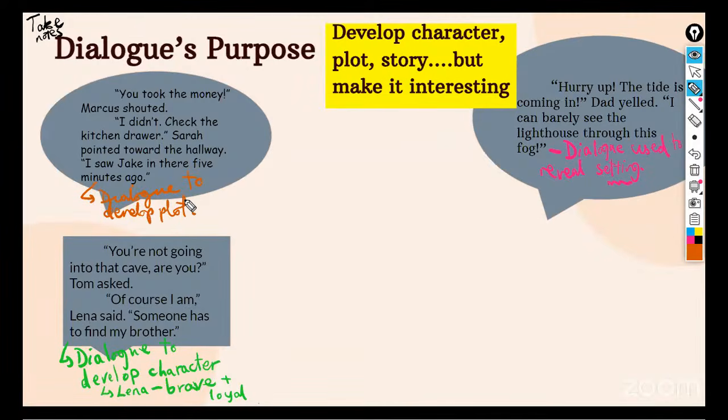Be mindful of the punctuation and the spacing as you write down the example, right? Remember to indent when you get to a new speaker's line of dialogue. So you indented before you took the money. And then you go to another line and you indent again by I didn't, right? So I'm just going to write it here so we could see.